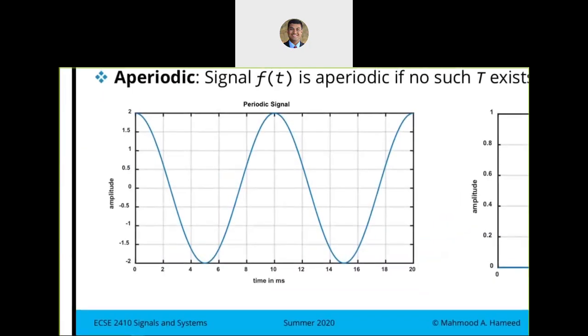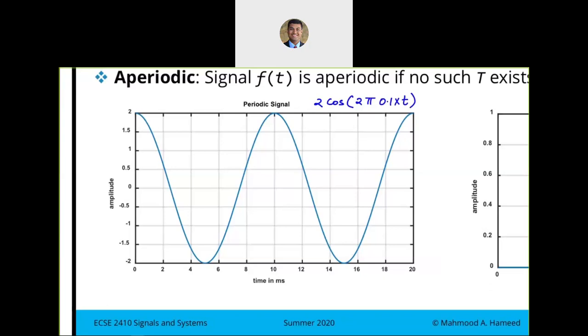On this graph, I've drawn a periodic signal. I can actually mathematically write this. This is 2 cosine, let's see, the time period is 10, so it's 2 pi, frequency is 1 over 10, so 0.1 times t.